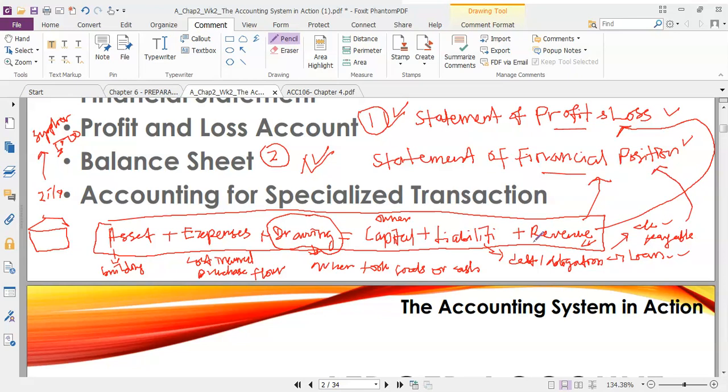Then after that, the last element is revenue. Revenue means our income, income that we earn from the business. For example, if you open bakery business, your revenue comes from the sales of what?